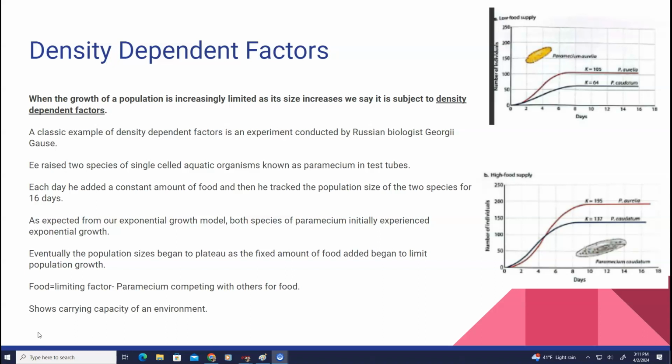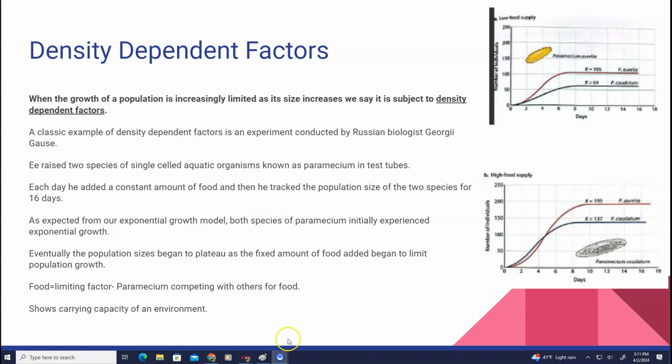So at first there was abundant food available to these two different species of paramecium. But then eventually the food became a limiting factor as that population started to increase. So the paramecium started competing for that food. That food shows the carrying capacity of the environment.